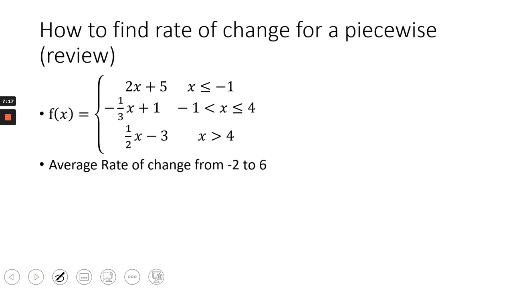Okay? Sometimes we'll ask you to find the average rate of change. So you plug in both your values. You're going to plug in f at negative 2 and f at 6.